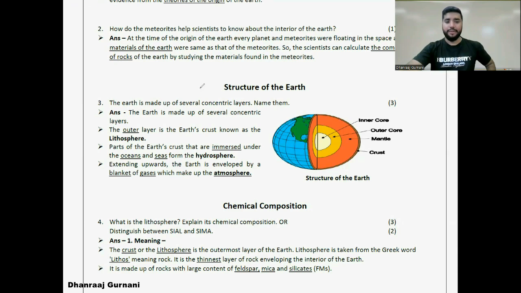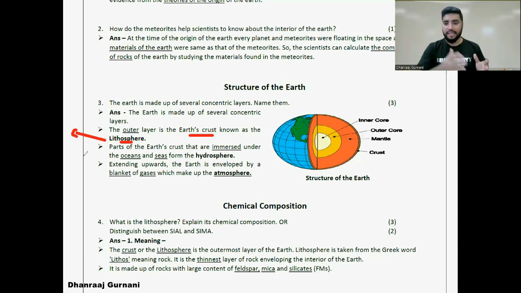Moving to the second part after introduction, which is structure of the earth. Question number 3: the earth is made up of several concentric layers, name them. The outermost layer of the earth's crust, where you and I live, is known as the lithosphere. Litho means rock.